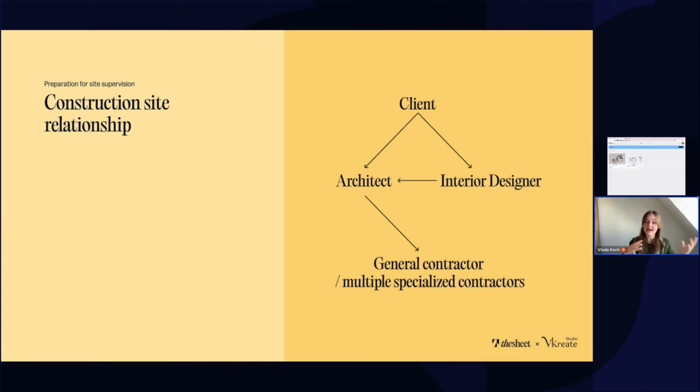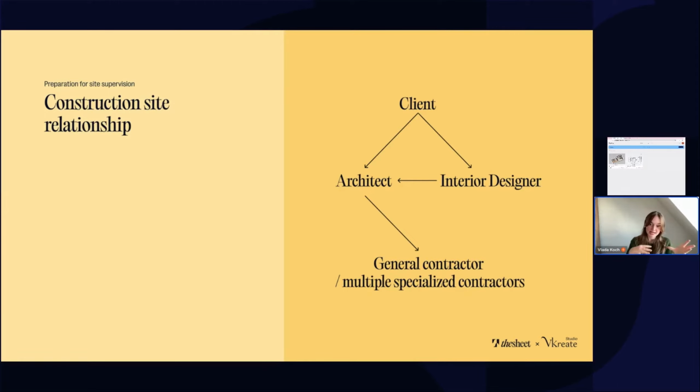So they hired an architect to do all of these parts for the construction of the whole house, and then somewhere in the middle of the process the client noticed, hey, actually the architect doesn't care if I want a green sofa or a yellow sofa, and I need an interior designer to help me choose materials and finishes for the way of living that I want to have in this house.